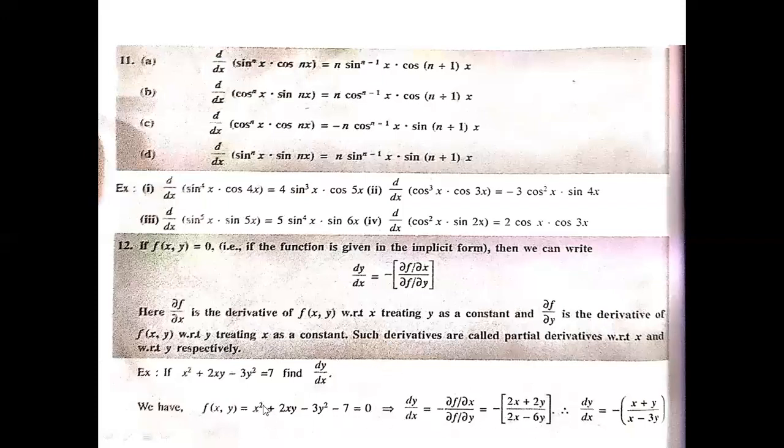So 2x minus 6y. Here x is constant. Hence we will get 2x minus 6y in the denominator and 2x plus 2y in the numerator. dy by dx is equal to minus of (x plus y) by (x minus 3y), where 2 is common; if you take 2 as common from numerator and denominator, it cancels.